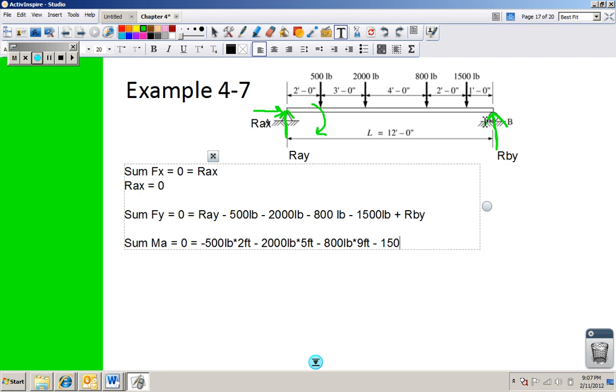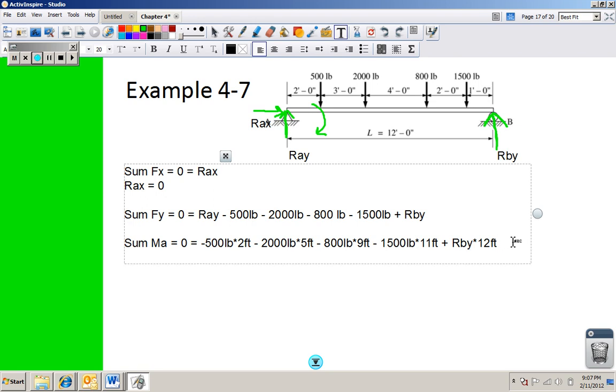So 1,500 pounds times 2, 3, 4, that's 9 plus 2, 11 feet. Okay, then the last one is RBY. It's pushing up. We're pinned at A, so that's going to tend to be counterclockwise, which is positive. So we'll use plus RBY times the total length. Okay, so that is your sum of the moments around A.